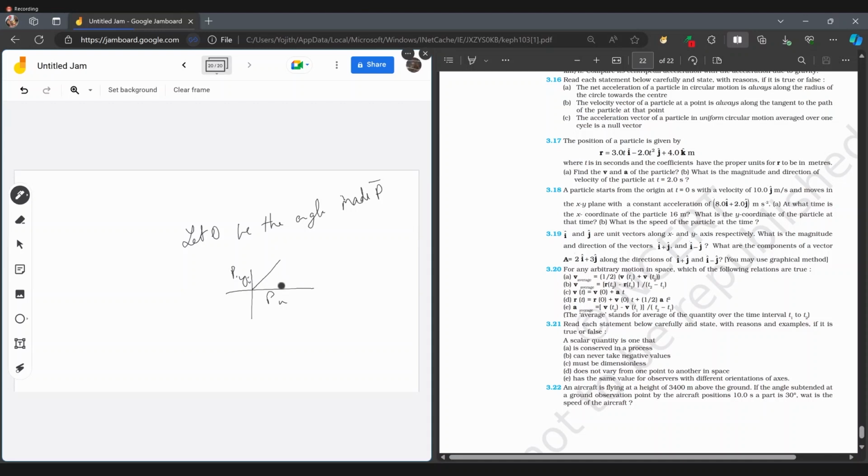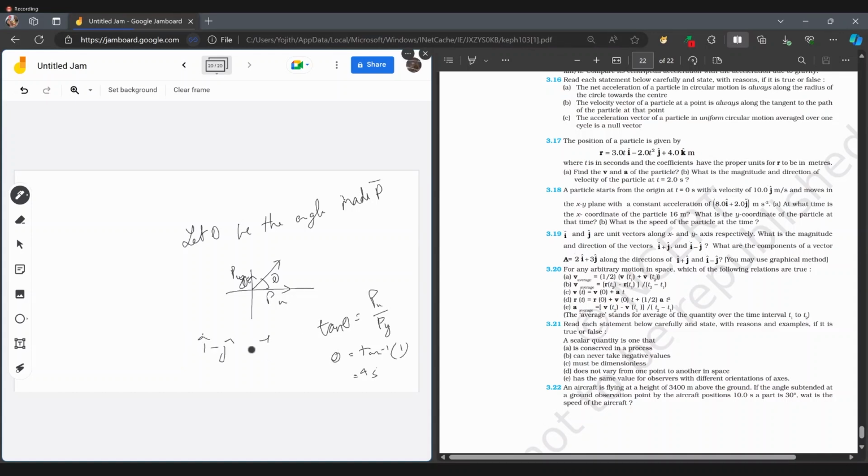So tan theta is equal to Py by Px. Theta is equal to tan inverse of 1, which is 45 degrees. Therefore, i minus j cap also makes 45 degrees.